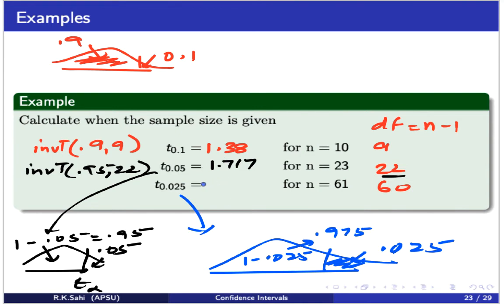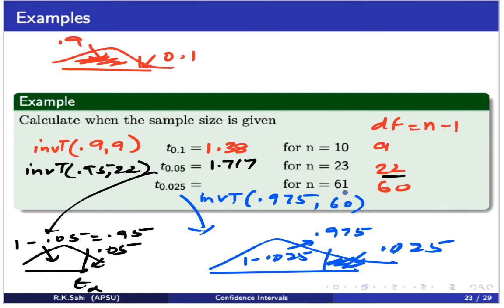So what are we going to write here? You're going to write inv t, so go ahead guys, write it down. 0.975 on your calculators, degrees of freedom 60.